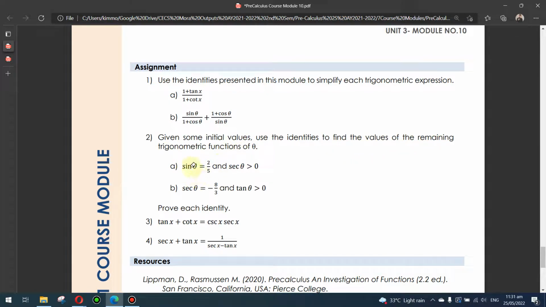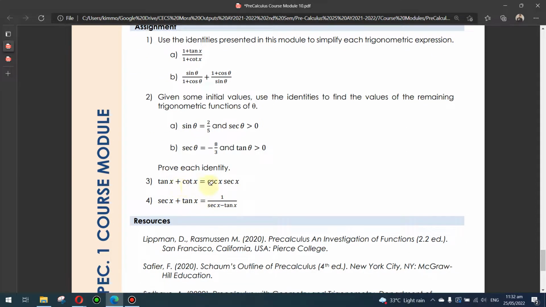So, since given naman kag sine, imong gamit ang kwaon na lang is si cosine, secant, cosecant, tangent ug cotangent. Letter B, given kag secant, so pahitaon nimo si sine, cosine, cosecant, tangent ug cotangent. The number 3 and 4 is to prove that these two are equal using the identities that we have discussed.